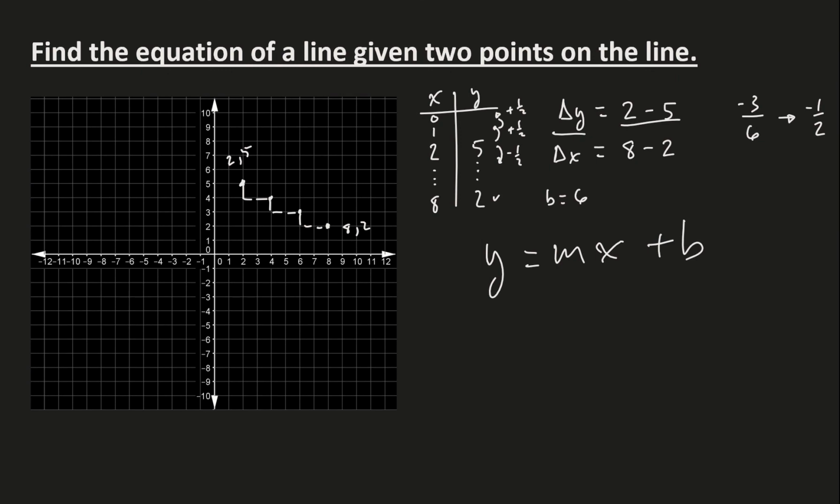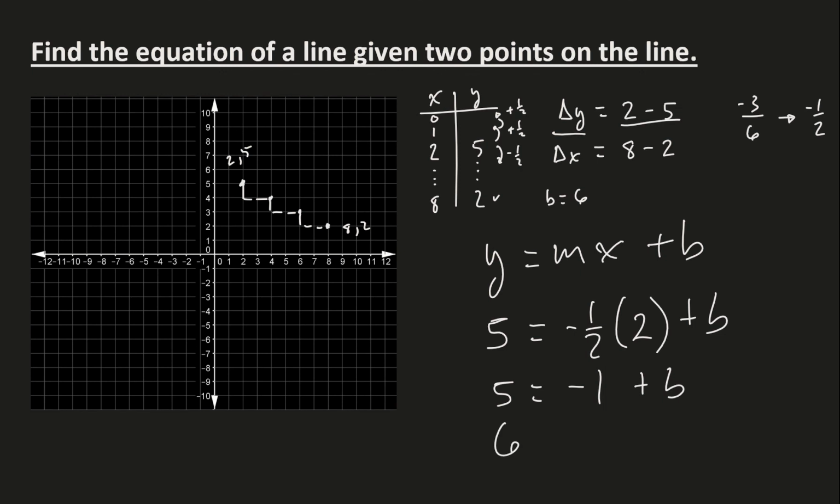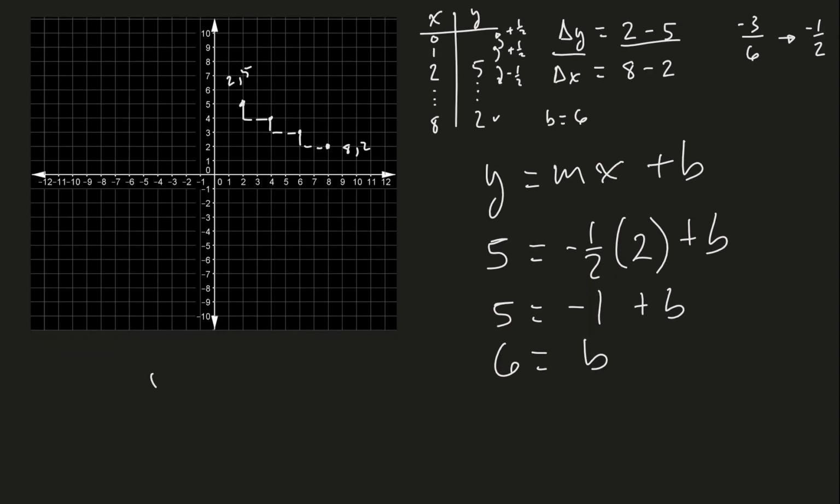I'll use the top point where x was 2 and y was 5, and say that 5 is equal to m, my slope, negative 1/2 times 2, plus b. 5 is equal to negative 1 plus b, and if I add 1 to both sides, I get 6. So my y-intercept is 6, and the equation of this line is y equals negative 1/2 x plus 6.